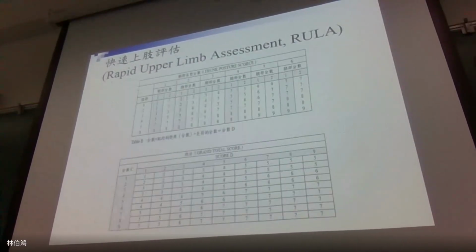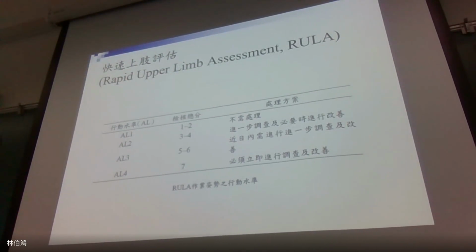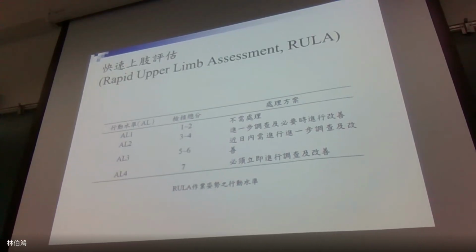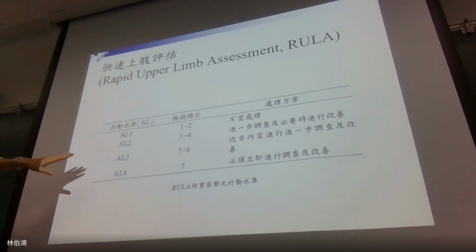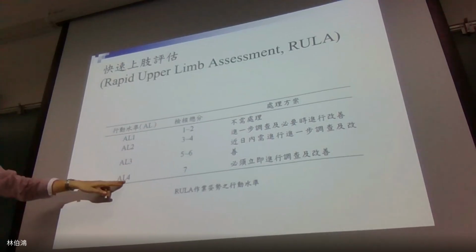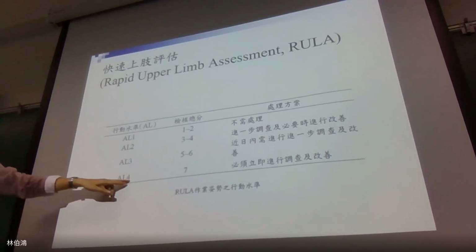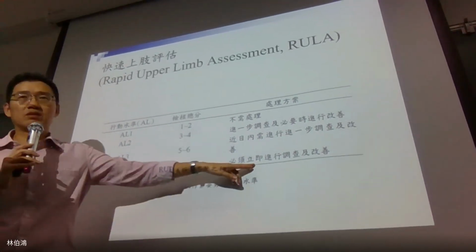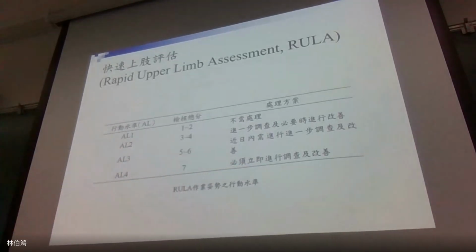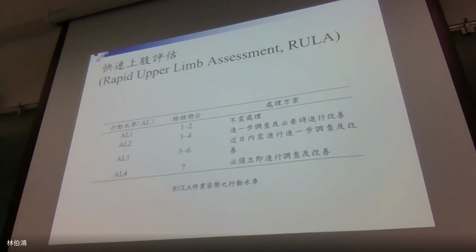So we will have some action levels to recommend whether you need to make an improvement or not. For example, if your number is 7, it means the action level is the highest level, AL4. So you have to make an investigation and the improvement immediately. And if you get 5 to 6 points, you also need to make the improvement.